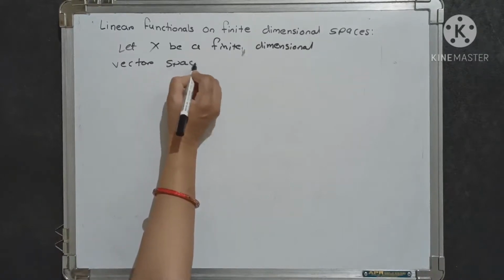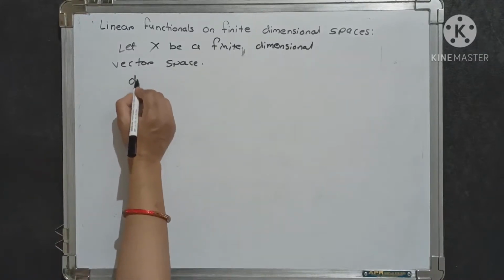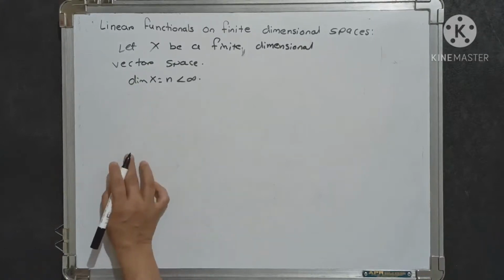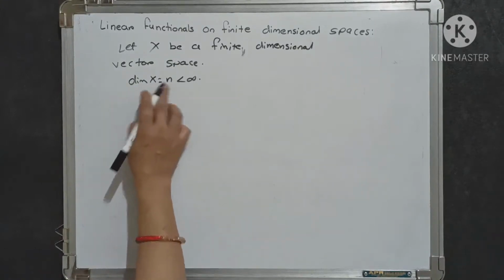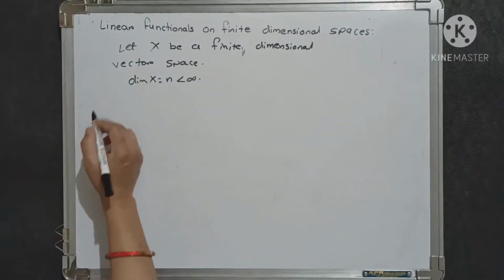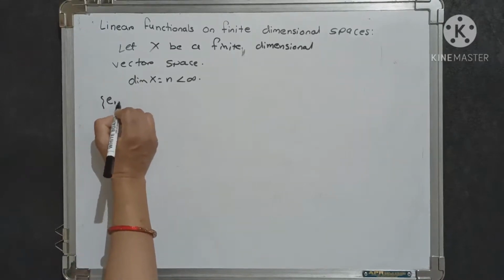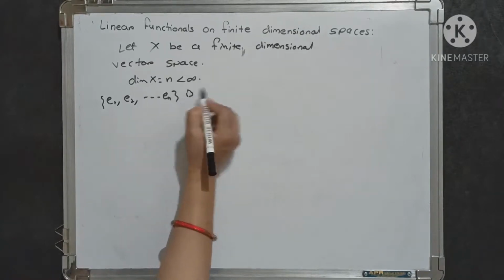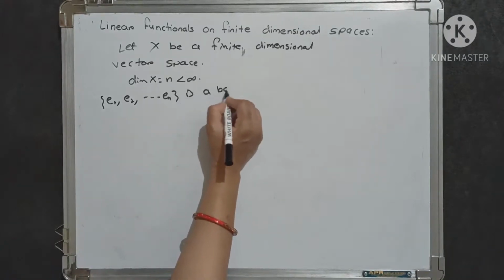As X is a finite dimensional vector space, that means the dimension of X equals n, which is strictly less than infinity, and therefore X has a basis e1, e2, up to en, a basis for capital X.